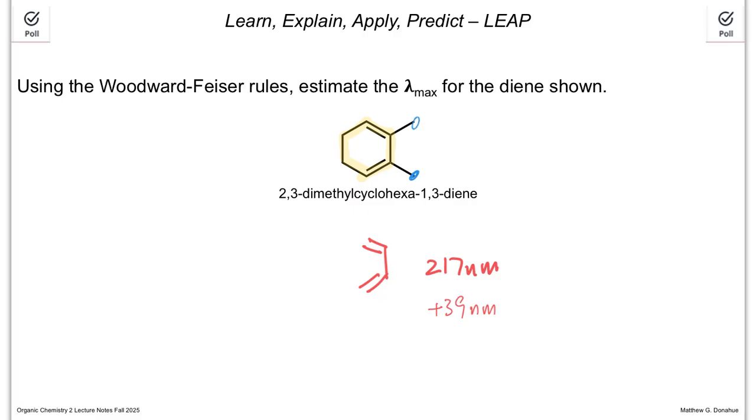So here and here, there's 2 of them. So the 2 times the 5, that was 10. So that gets us to, what, 6, carry 1. So I think 266 nanometers. And so that's a way to estimate, given the structure, how can we predict what it should be? So base value.